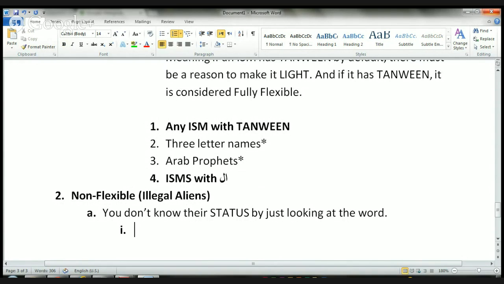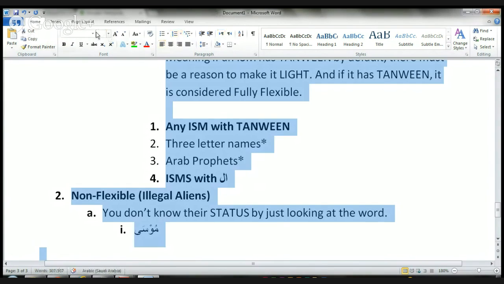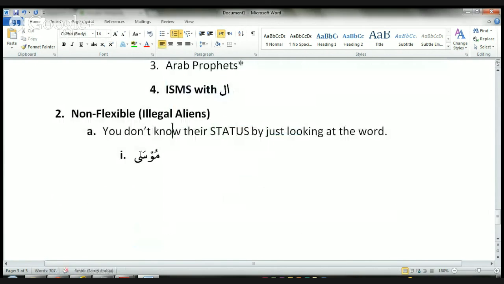So for example, Musa, rafa, nasab or jar. Do you know? The last letter is alif maqsura here. How about Wusta, which means middle? Do you know? You don't. How about Isa? Do you know? You don't.